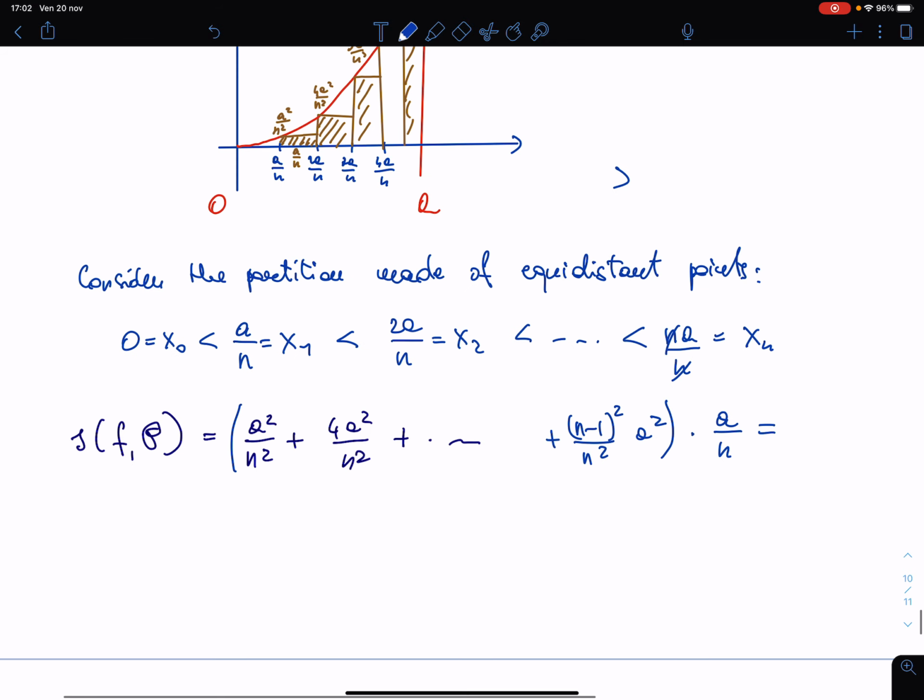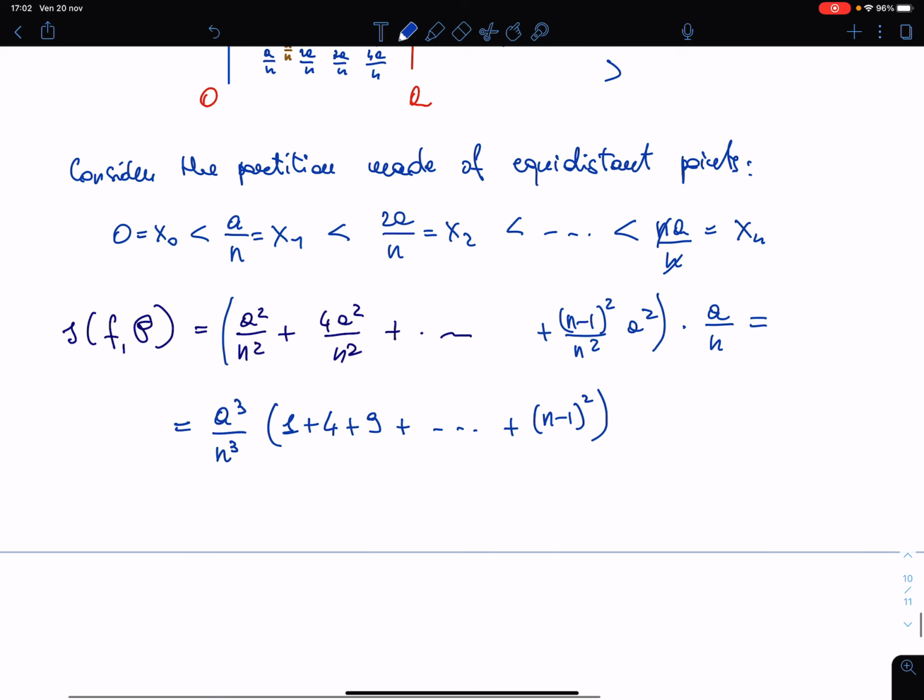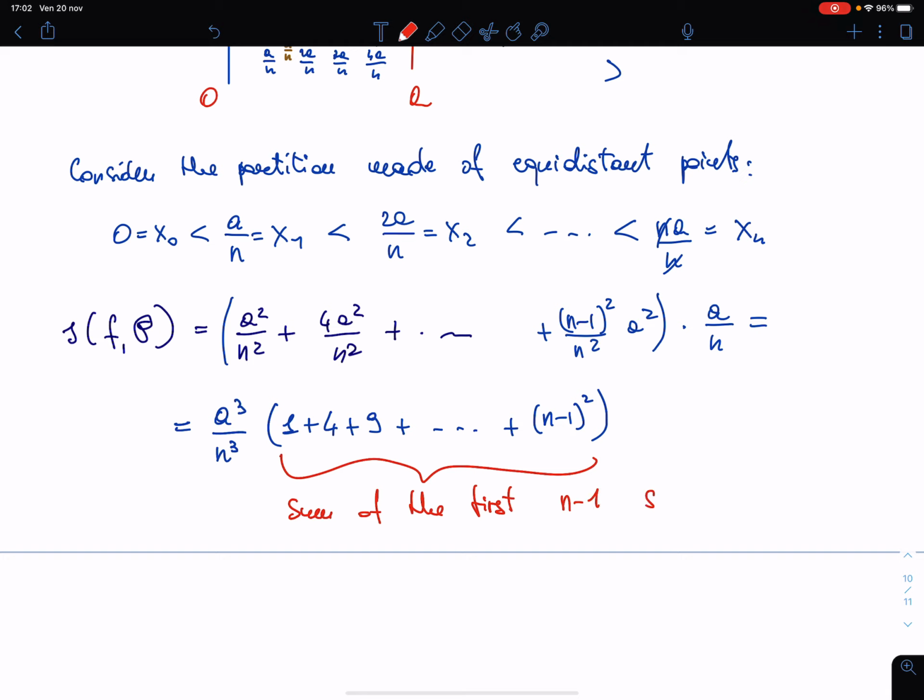So from this sum we can collect a cubed over n cubed, and here we have 1 plus 4 plus 9 plus up to n minus 1 squared. This is the sum of the first n minus 1 squares.